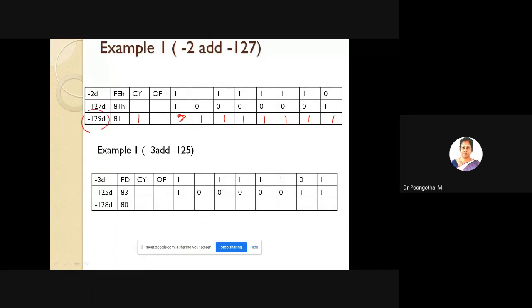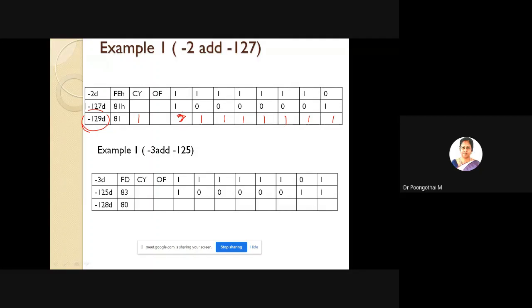This minus 129 does not come under the range of your 8-bit microcontroller. What is the range? Your range is minus 128 to plus 127. So the value is exceeded here.